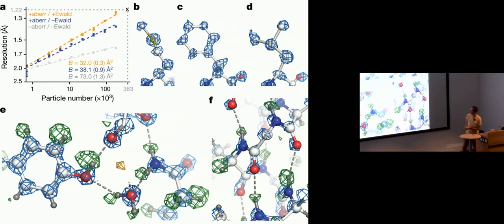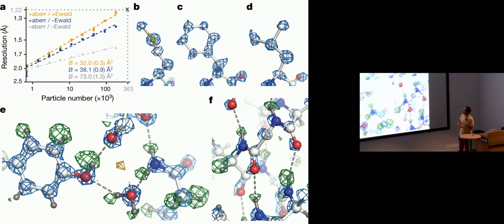Now, the interesting plot is at the top left here, and that's the B-factor plot, where we plot the number of particles used in a reconstruction against 1 over the resolution squared. And the B-factor is a measure for how good your data set combined with your image processing is.